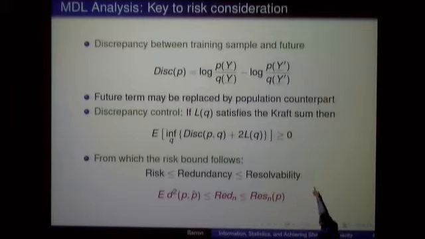If you choose the right population counterpart up there, the expected infimum of this discrepancy plus 2 times any Kraft-summable code lengths is bigger than or equal to 0. And the proof just replaces the infimum with a log of a sum of exponentials, and then out it pops by using a Chernoff bound.